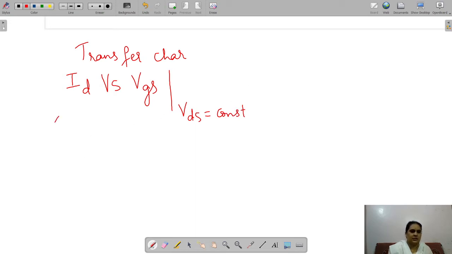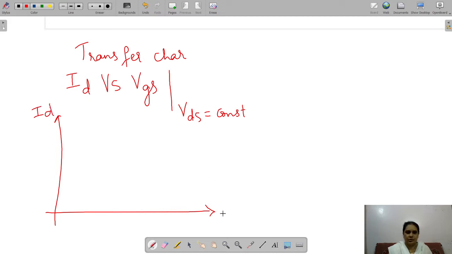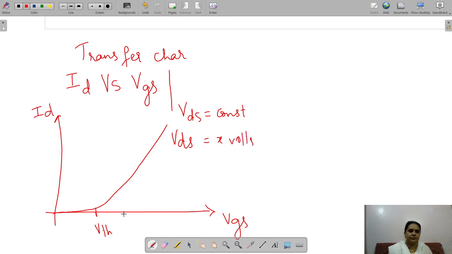Let's draw how it exhibits the transfer characteristics. Output current versus input voltage for a constant value of VDS. So VDS is, say, X volts. We are obtaining ID versus VGS.